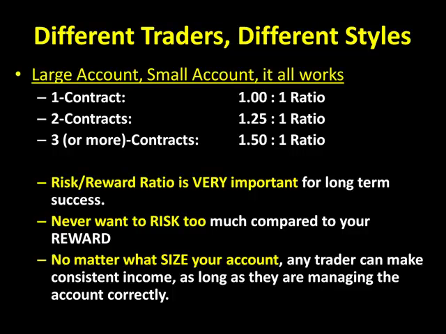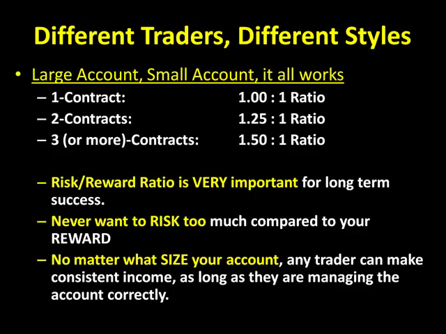Now, no matter what size your account, any trader can make consistent income as long as they're managing their account correctly. In fact, we can have a 51% winning ratio, and as long as we're managing our trades correctly with that 1-to-1 or better risk-reward ratio, we're going to be just fine. So for a 1 contract trader, or while you're getting started with 1 contract, a 1-to-1 ratio.